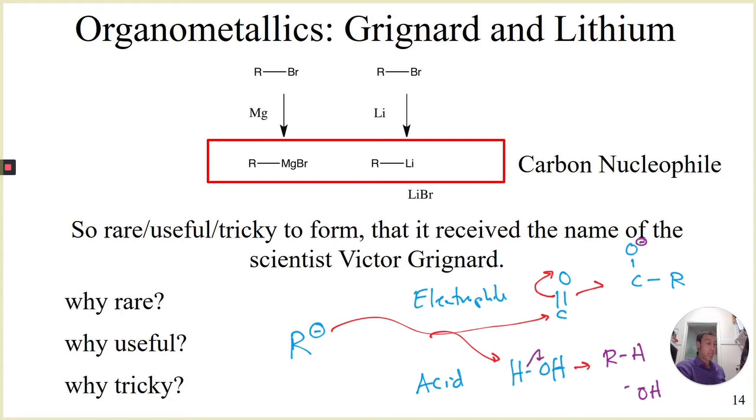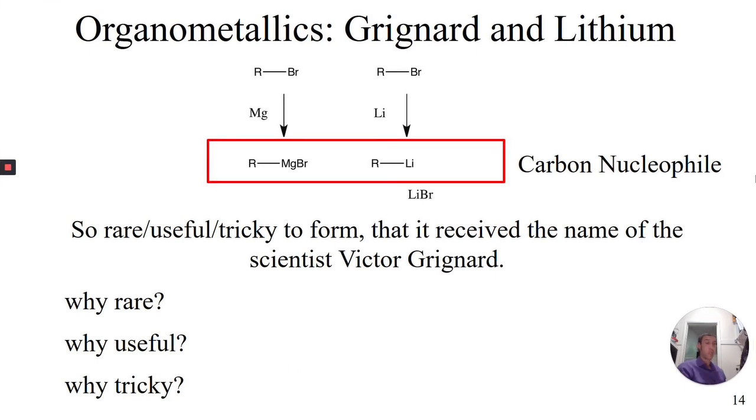In the top case with our nucleophilic addition, we'd have the negative oxygen. We would follow that reaction up with the addition of an acid to protonate that. And so we'd end up with a larger alcohol, or we'd revert our chemistry back to an alkane.